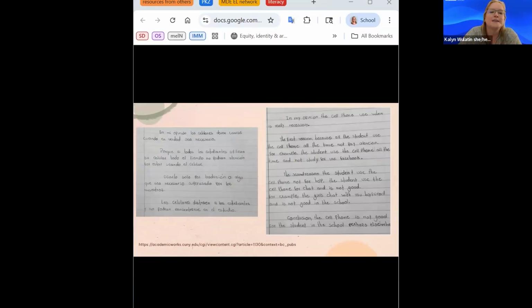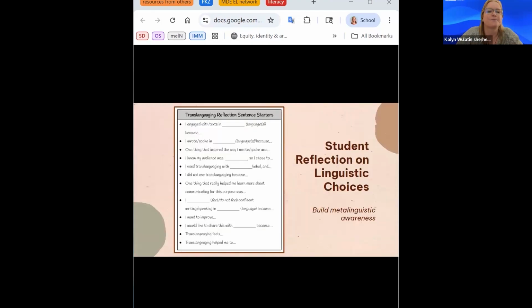And the interesting thing here is when she came to write it in English, and I'm sorry, I don't know the parameters of the assignment, so she just felt she had to or not, she added more details and more elaboration in the English one. So she was able to get her ideas together in Spanish there, and then was able to add more there in English.